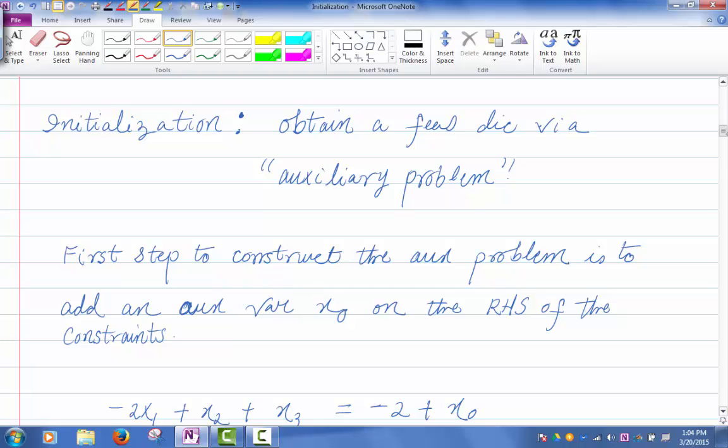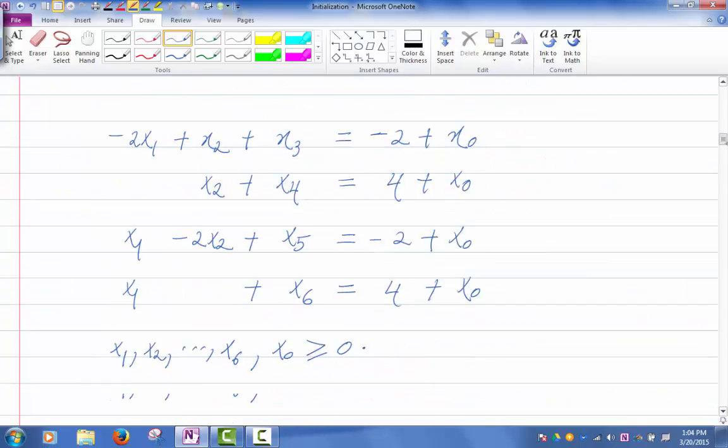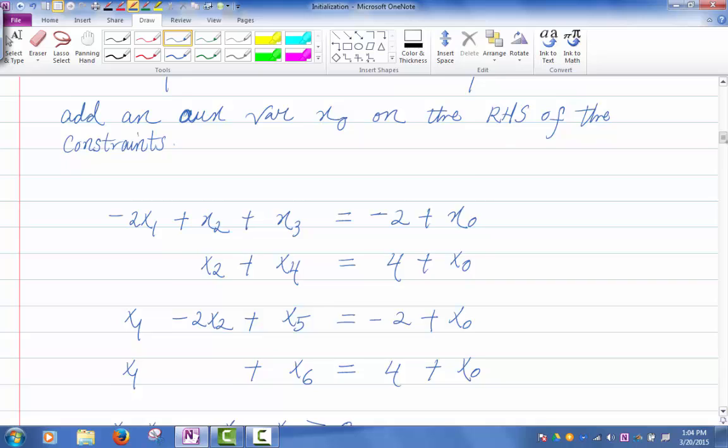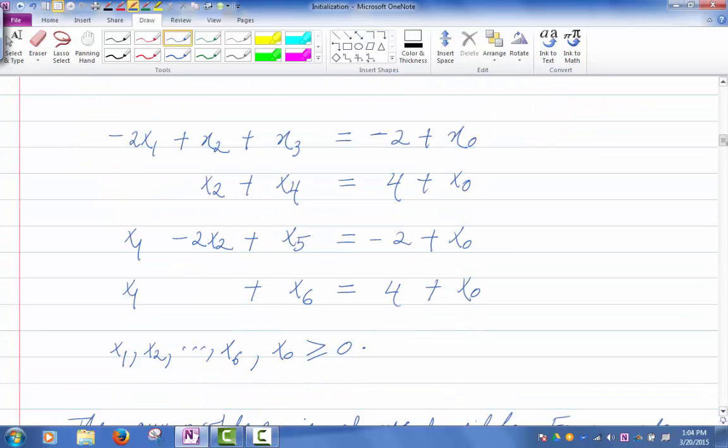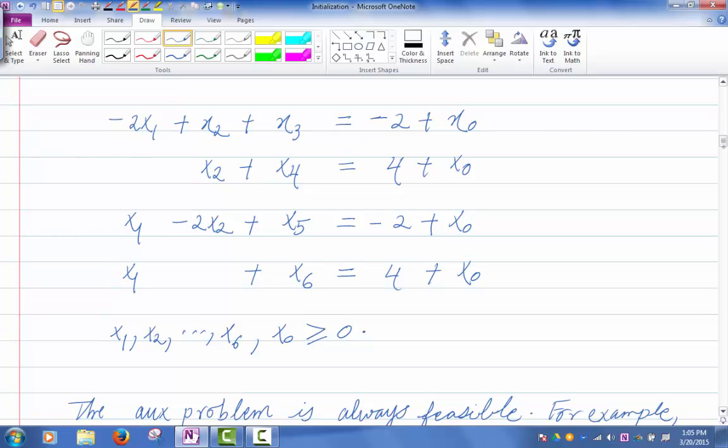And then we introduced this idea of auxiliary problem. So the auxiliary problem was, we add an auxiliary variable x0 to the right hand side of the inequalities, or you can say, you're adding the auxiliary variable x0 to the right hand side of the slack form.